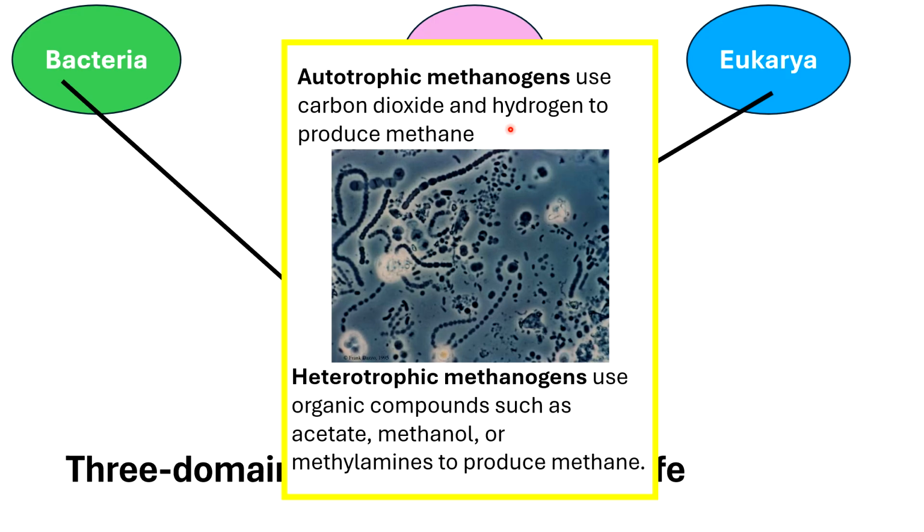Now, they can also be autotrophic or heterotrophic methanogens. What is a methanogen? Essentially an organism that wants to generate methane. So remember that autotrophic methanogens use carbon dioxide and hydrogen, and heterotrophic methanogens use organic compounds such as acetate, methanol, or methylamines to produce this methane.